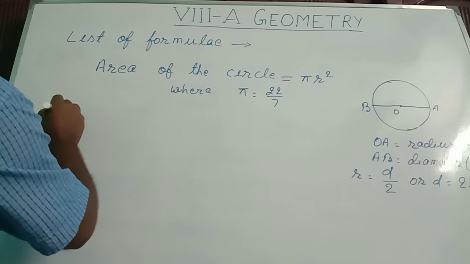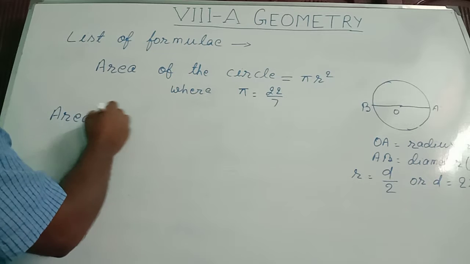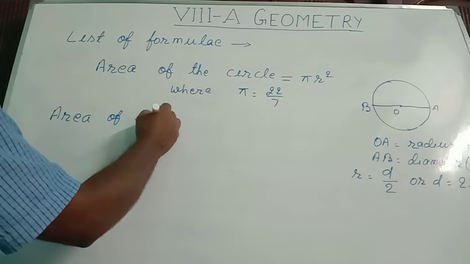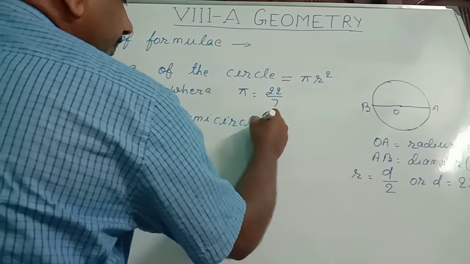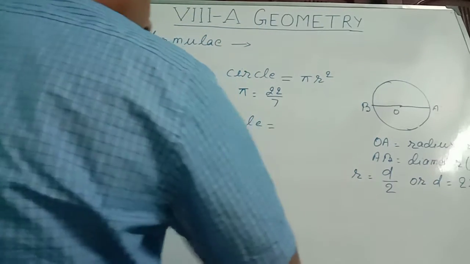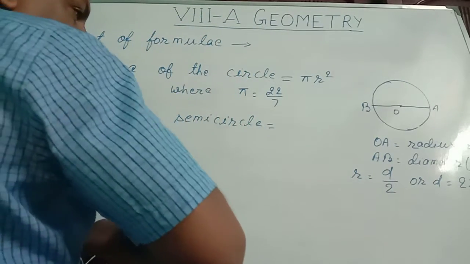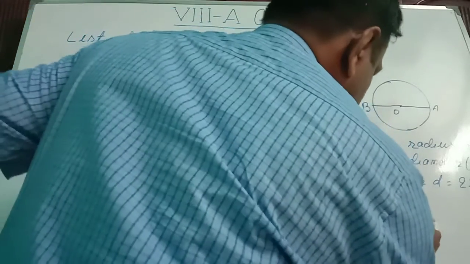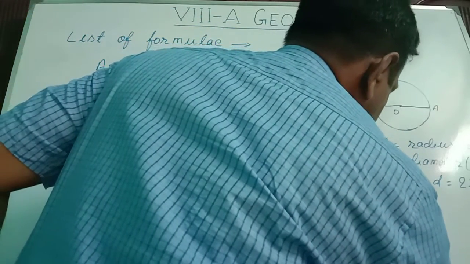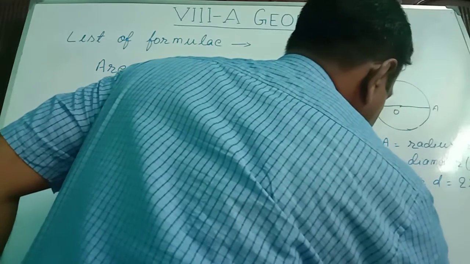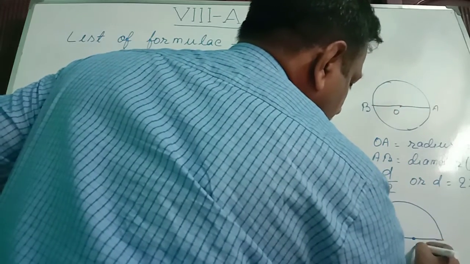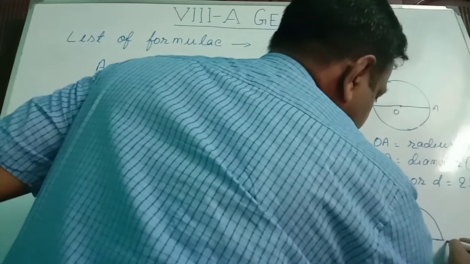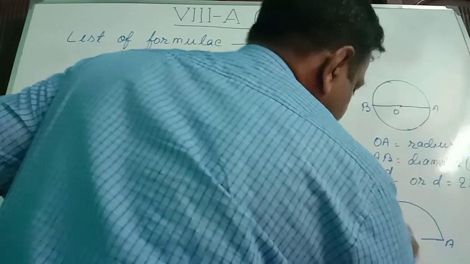One more: the area of the semicircle. If we see the figure of a semicircle, this is the figure of a semicircle with center O, radius OA and diameter AB.